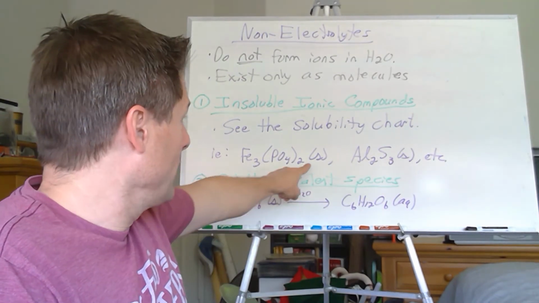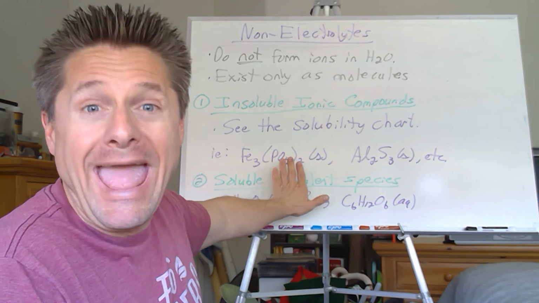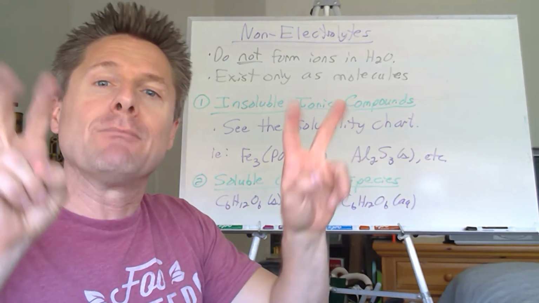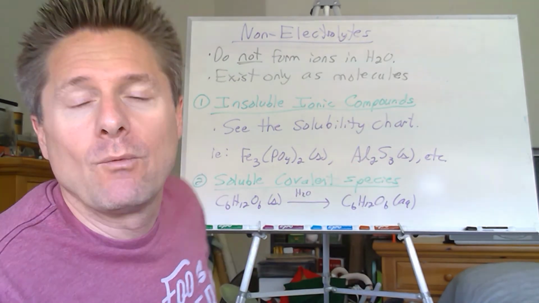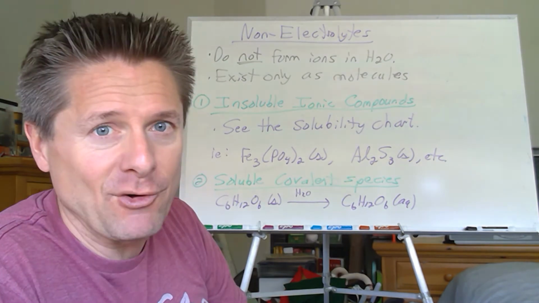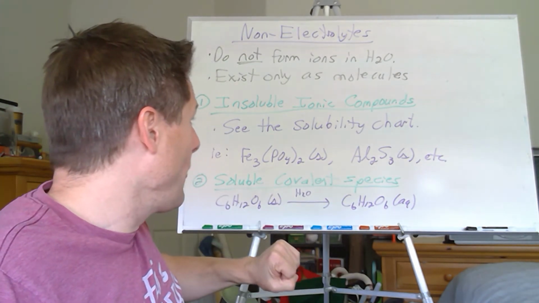So we'll put a solid next to them and write them as, they're not molecules really, they're ionic compounds, but we're going to treat them like molecules when we write them in equations in solution. Pretty much anything with a solid after it, we're going to treat it that way.